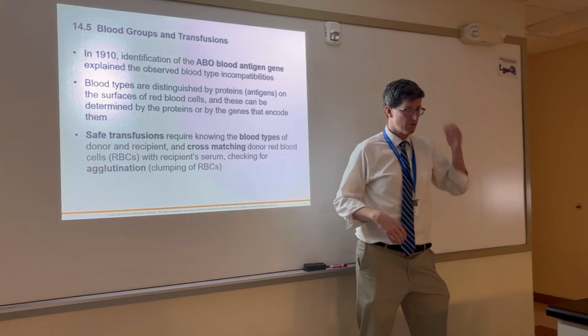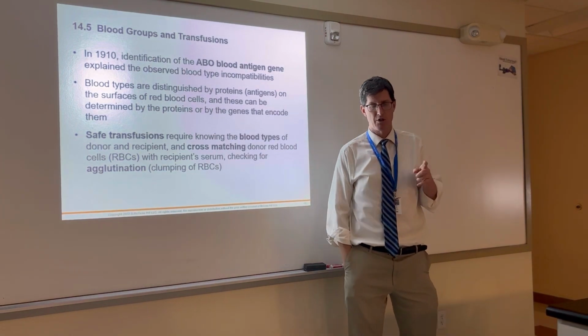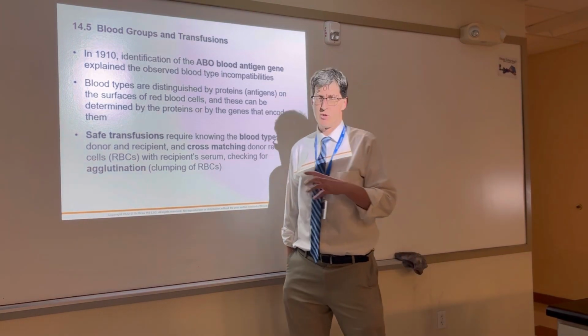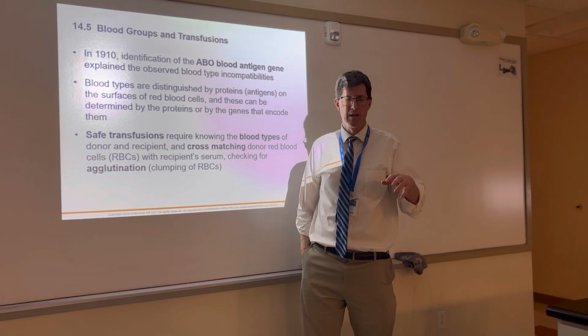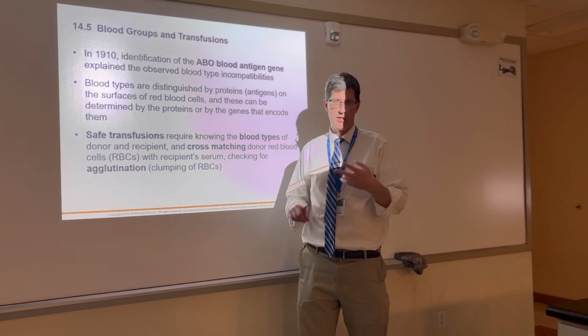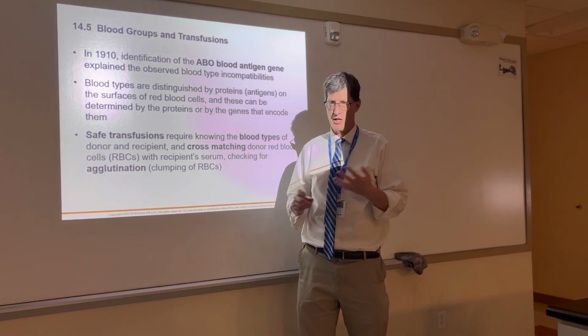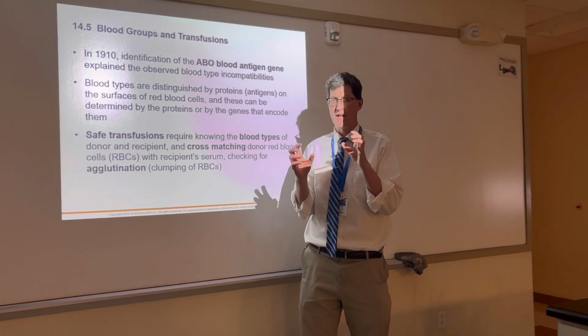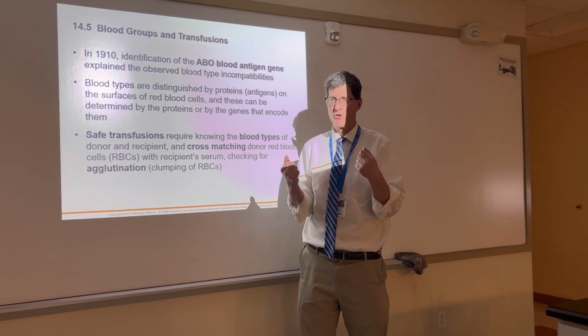So this is related to the antigens that are on the surface of red blood cells. So we talk about our cells or any kind of substance, cells or pollen or bacteria, viruses, they all have surface features on them that identify them as who they are. So it's kind of like us.